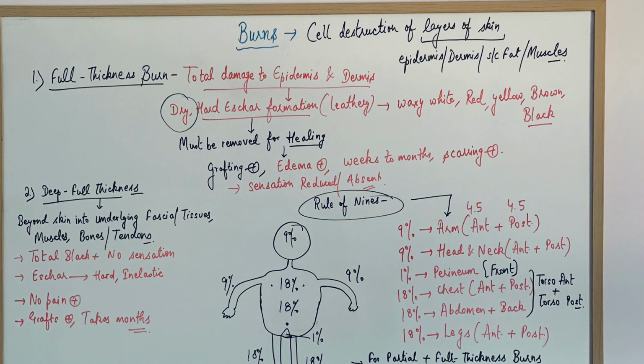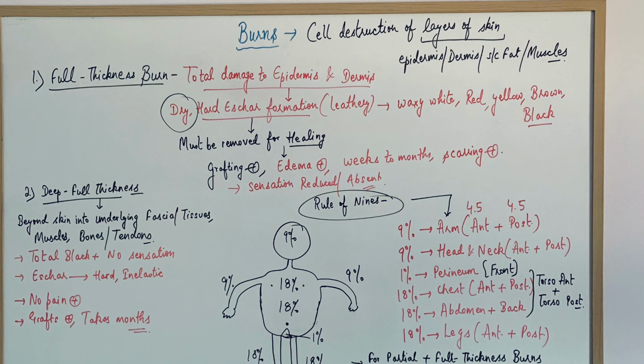Or you can use the other word which is commonly used in the exam, that is torso. The anterior torso and posterior torso. So torso is both chest and abdomen, the whole torso. So the anterior torso is 18% and the posterior torso, that is the total back, is also 18%.